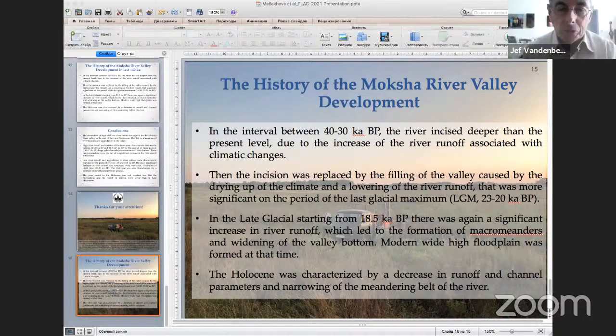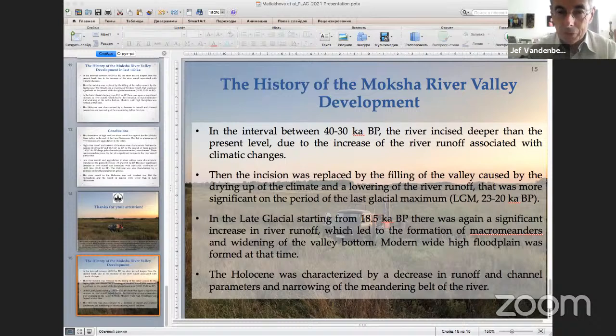Yes, and just one more comment. I think that, as Andrei said after the previous presentation, the traditional view that large meanders were only limited to the late glacial is now contradicted or supplemented by more data and better dated sediments, and that say that the plain glacial also showed large meanders.